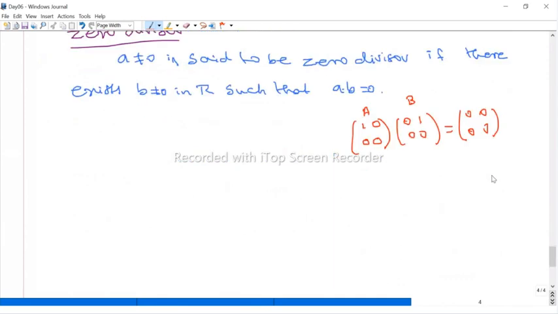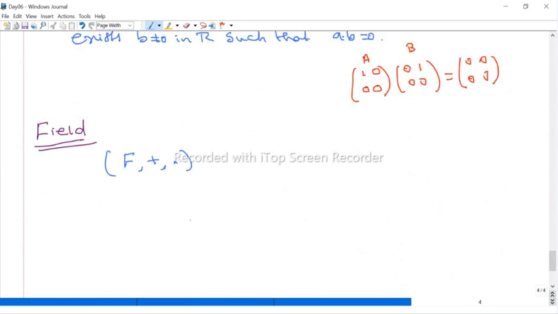Now, what is a field? Here is the definition of a field. A field is, first of all, a ring. We usually call it F, but we can use the same operations plus and dot.